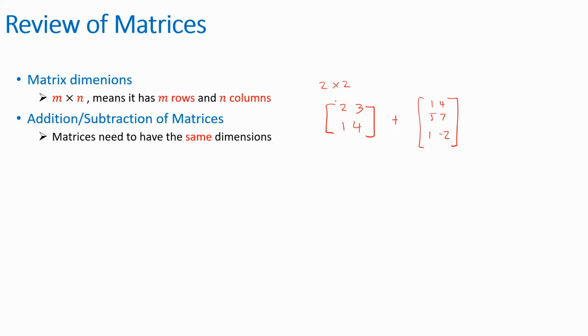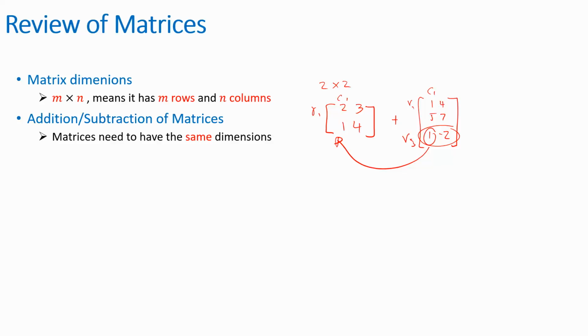You can probably add row 1, column 1 with this one, row 1, column 1. But then where do you add these values? Because this would be row 3, column 1, and there is no row 3, column 1 in the other one. That's why you can't add them. That's why the property says matrices need to have the same dimensions.